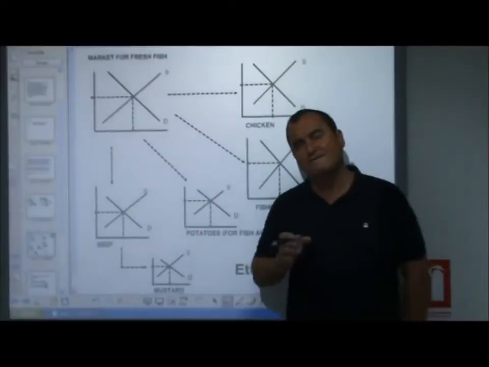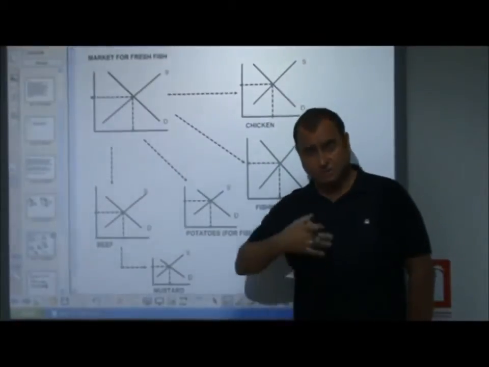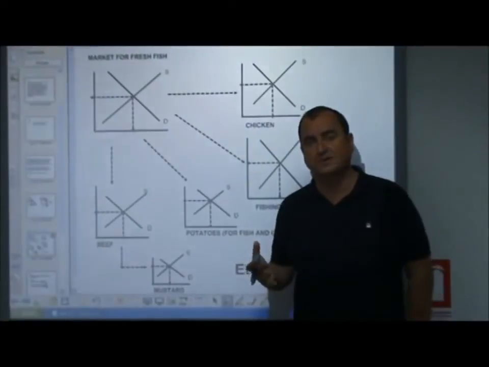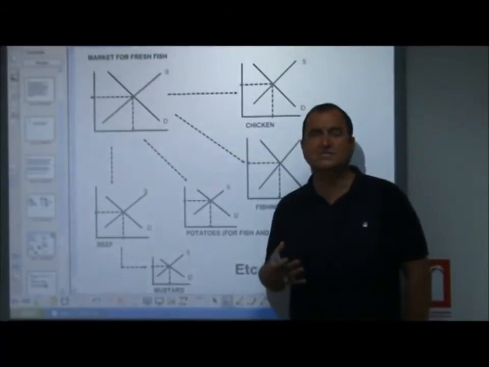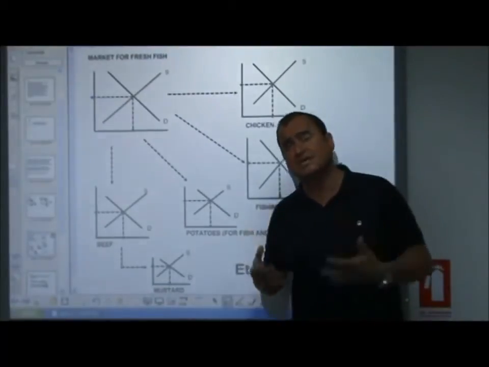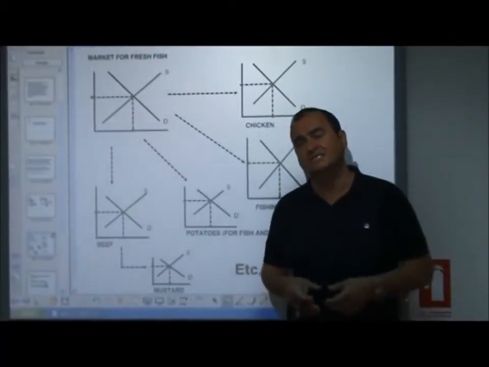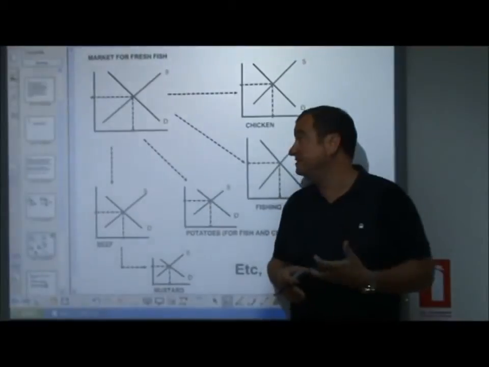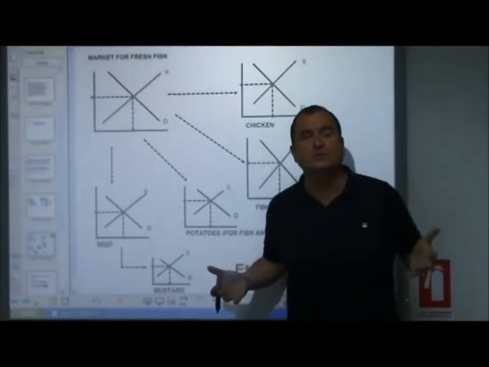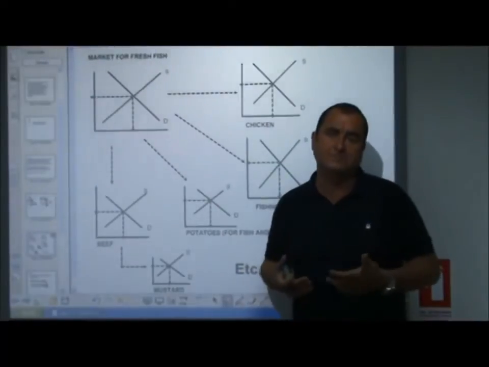Imagine that fish farmers, because I want to show a supply side event now, fish farmers are faced with restricted laws to protect fresh fish in the seas and the oceans. The fishermen are faced with new laws which make it more difficult for them to catch fish.